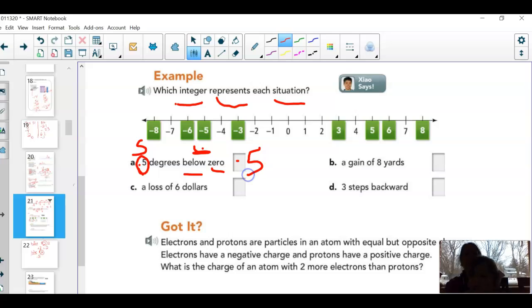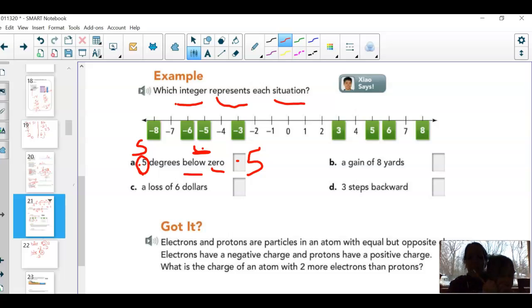This integer would be negative 5. Go ahead and try B, C, and D, and then go ahead and check your work, okay? Make sure to underline and circle. When you're done, go ahead and unpause and see how you did, okay?